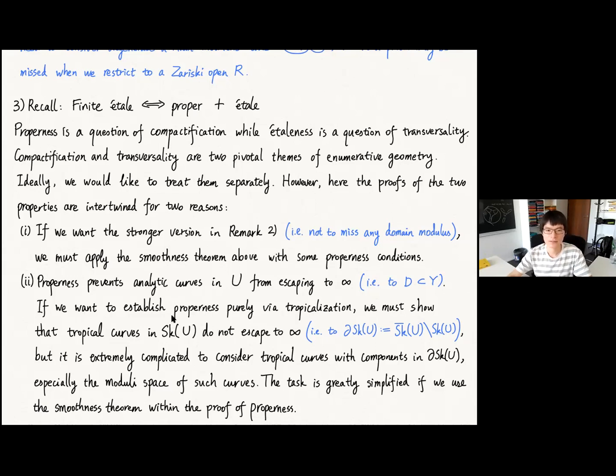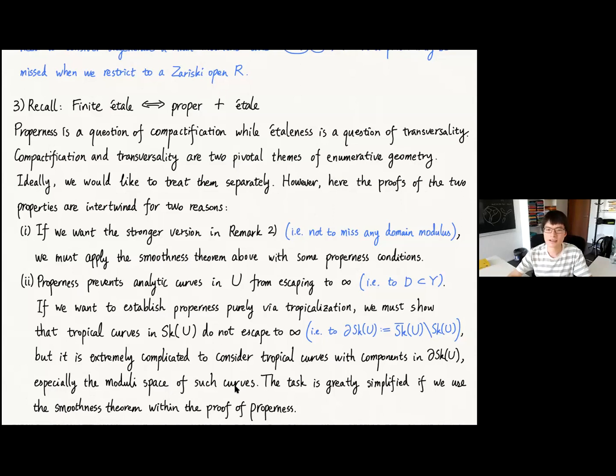So if we want to establish properness without using smoothness, then we can try to do it purely via tropicalization. So we must have better control on tropical curves. We want to prevent them from escaping to infinity. But it's extremely complicated to consider tropical curves with components in the boundary of the essential skeleton, and especially the moduli space of such tropical curves.